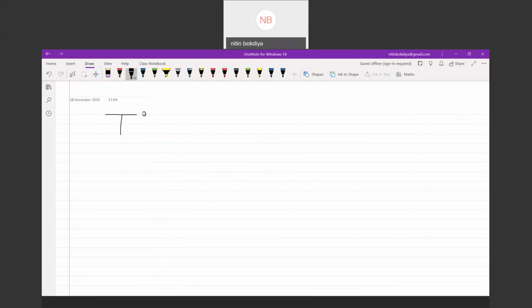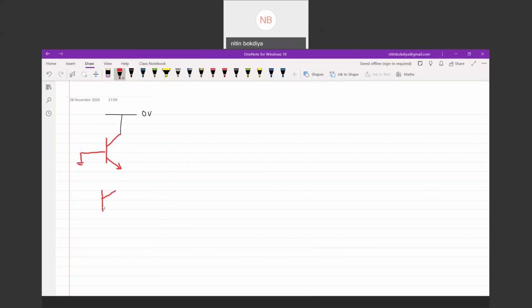This is at signal ground. Then we have one common base, then one common emitter.